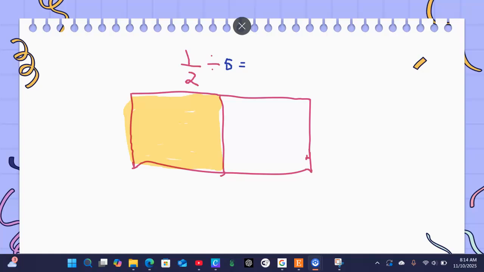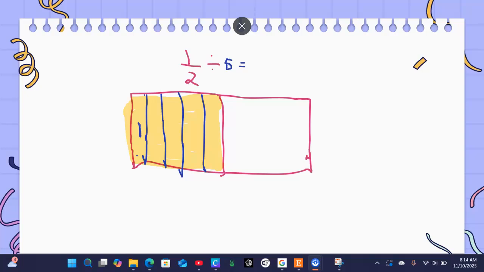Again, I could cut it into fifths. Let me cut it another way, because you could cut it like this. That's 1, 2, 3, 4, 5. Now let me double check my answer. 1, 2, 3, 4, 5.